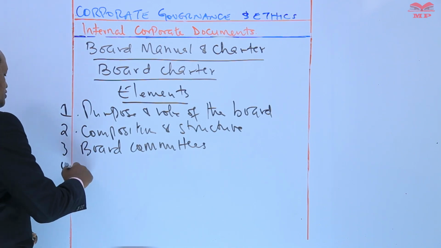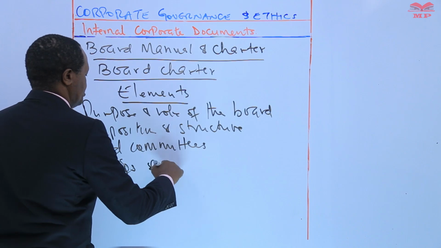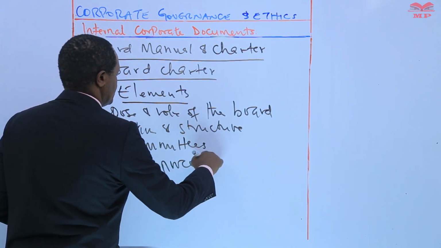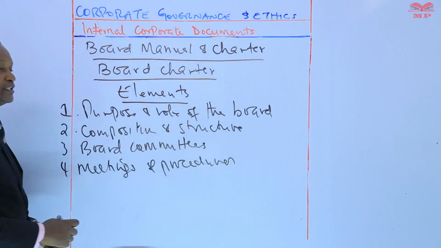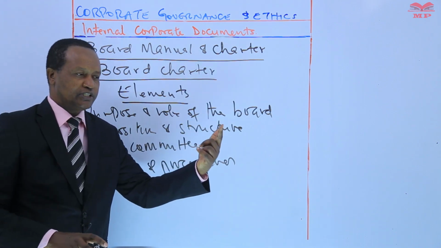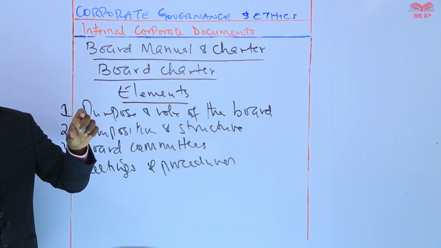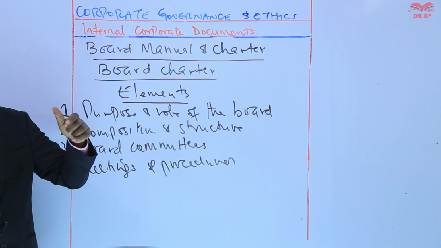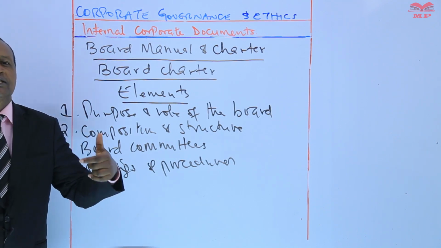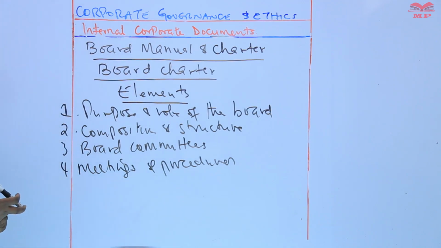4, meetings and procedures. The board charter specifies the frequency and format of board meetings, the decision-making processes, and also the communication protocols.